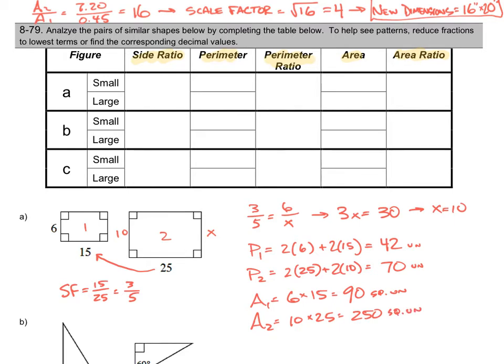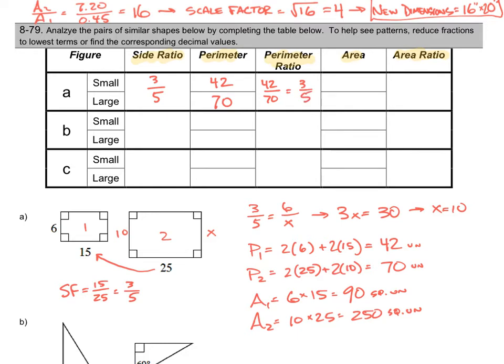Let's go up and fill out the information in the table. So the side length ratio, we're going to look at small divided by large. We already have that value. The scale factor is 3/5. The perimeter of the smaller shape was 42. Perimeter of the larger shape was 70. And the perimeter ratio is going to be 42 over 70, and that reduces to 3/5.